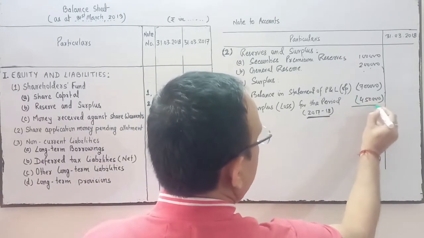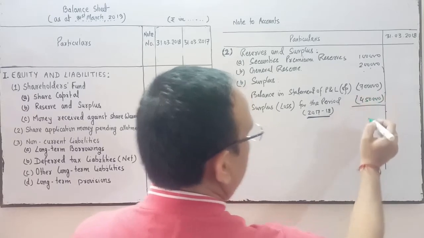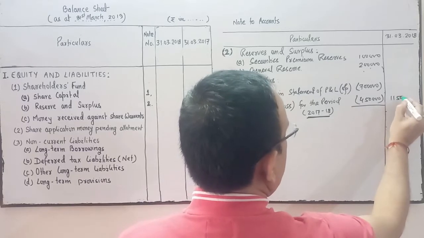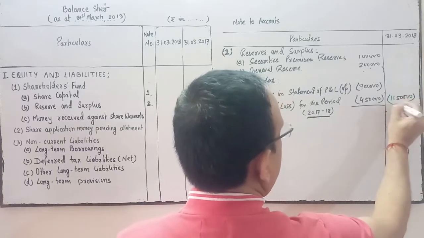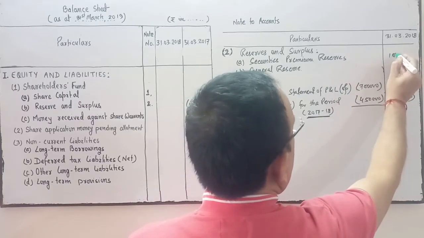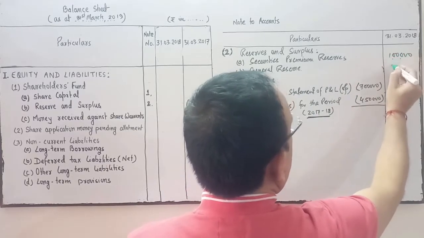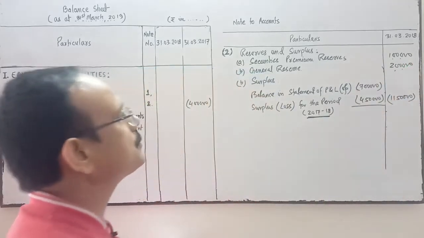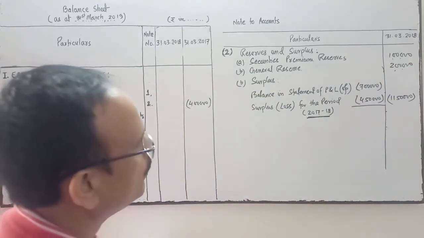So total loss is, if you see the total loss, 11,50,000 is the total loss. I am going to write this figure in the outer column, 1 lakh and 2 lakhs. General reserve is 2, security premium reserve is 1.